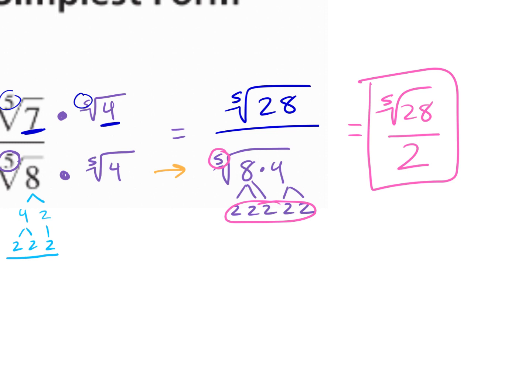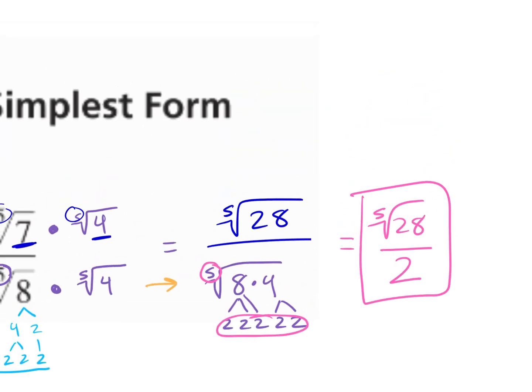We could try to simplify this fifth root of 28, but what are factors of 28? I'm going to do it up top here. It'd be 7 and 4. Do I have a group of 5 here? So can I simplify this at all?